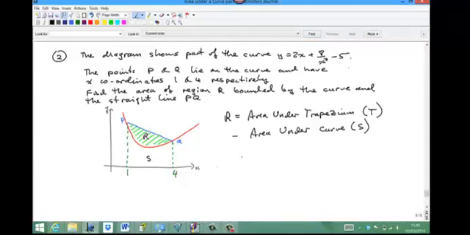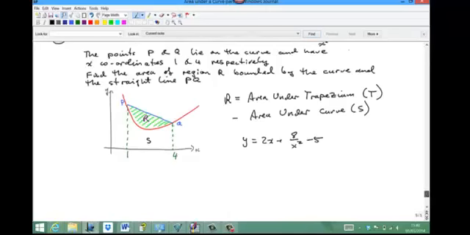The first thing we need to do is find the y-coordinates of P and Q. The curve is y equals 2x plus 8 over x squared minus 5. So if x equals 1, y equals 2 plus 8 over 1 minus 5, which is 5. And when x is 4, y equals 2 times 4, that's 8, plus 8 over 16, which is a half, minus 5, which comes to 7 over 2.